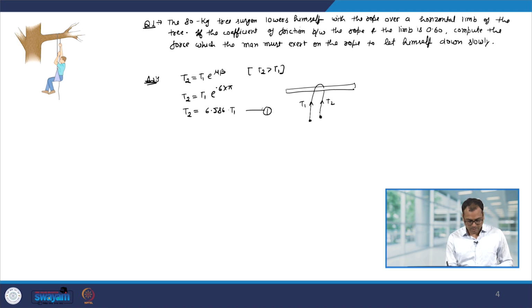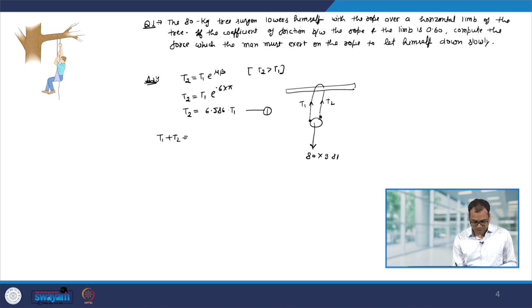Let us call it equation number 1, and now let us balance the forces in the y direction. So, we have T1 plus T2 equal to the weight of the person. His weight is 80 kg, so 80 into g, 9.81.